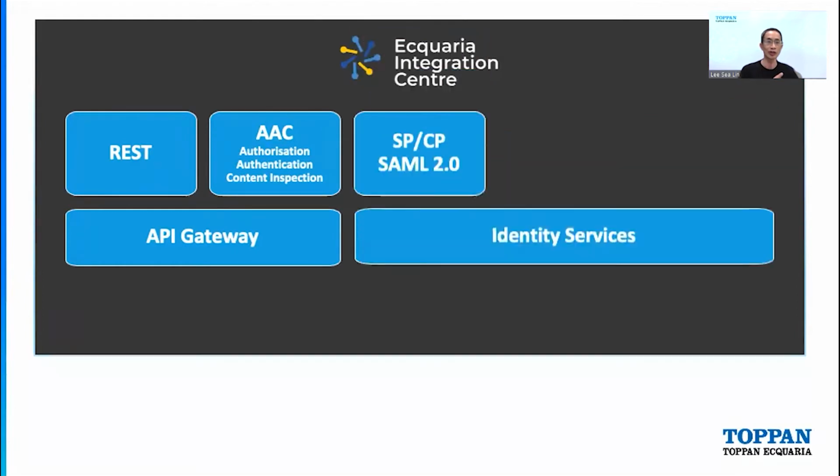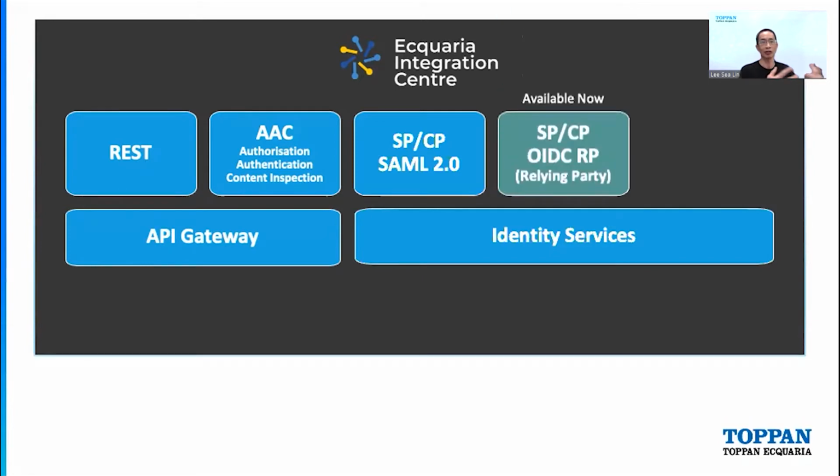What we're interested in is the identity services component of EIC. We currently have a module for SAML, which is already being used by quite a number of our customers. And what we recently launched and is now ready is the OIDC Relying Party component, which is the main component that we will be talking about today.